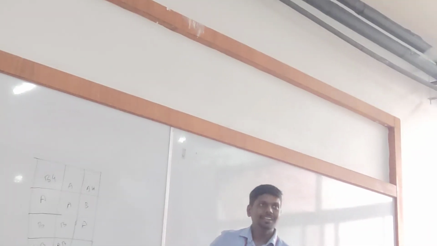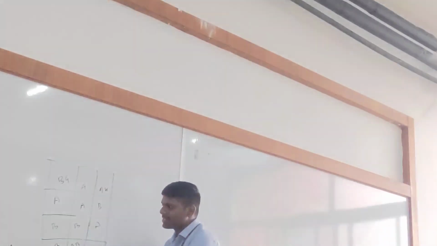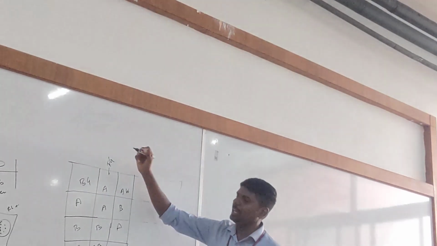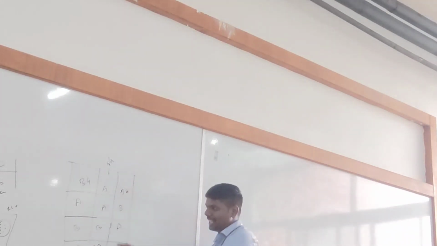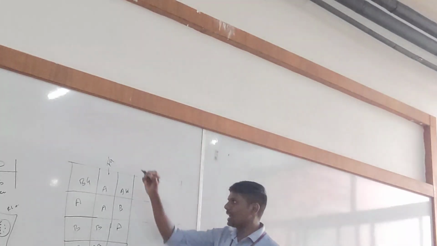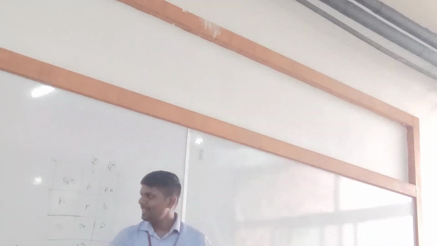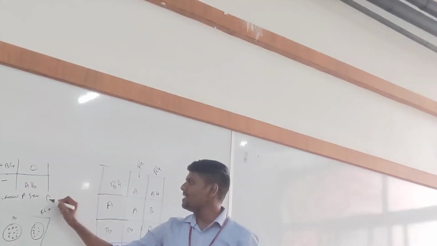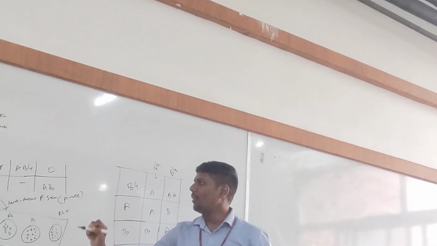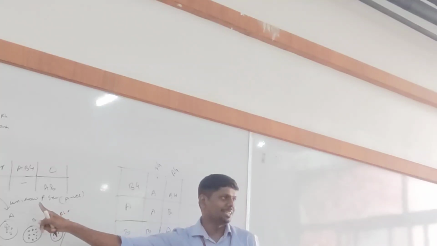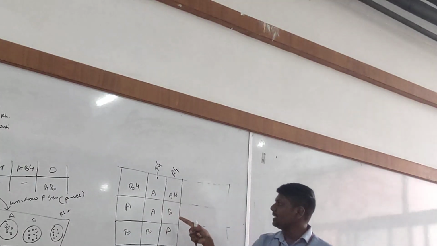Is it clear? If you are detecting these, this is called forward grouping. If you are detecting these in the patient serum, this is called reverse grouping. In this case, the patient was an A negative patient. Now what happened in an A negative patient? What antibodies are present?